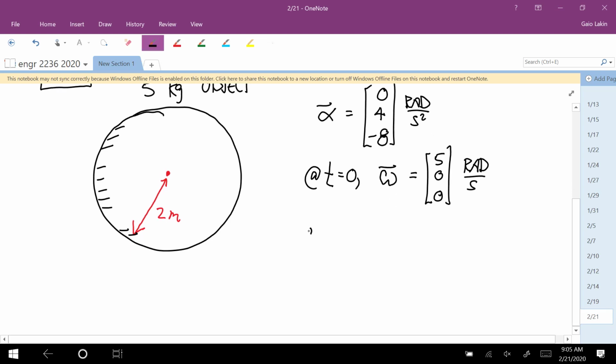And at time 5, the r vector, so the vector going from the center of the sphere to the object, is 0, 0, 2.